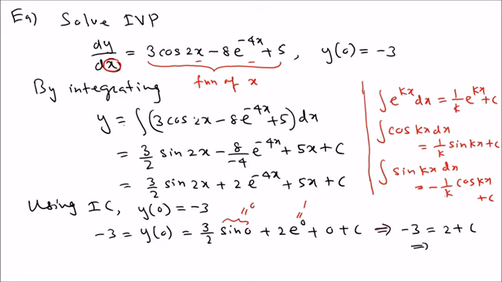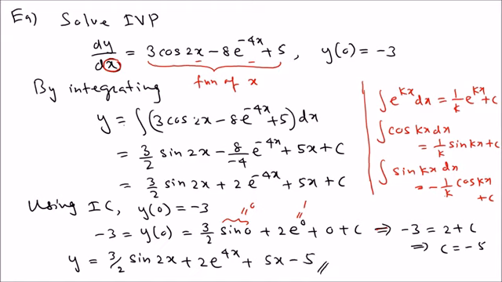In other words, c equal negative 5. So you can plug that in, and the solution is simply y equal 3 halves sine 2x plus 2 e to the negative 4x plus 5x minus 5.